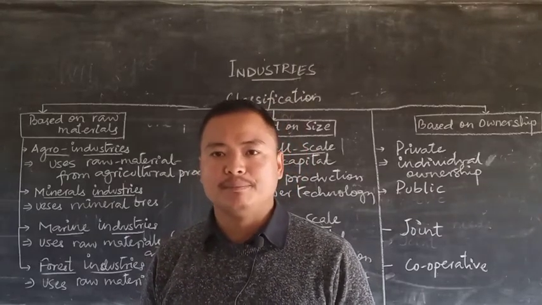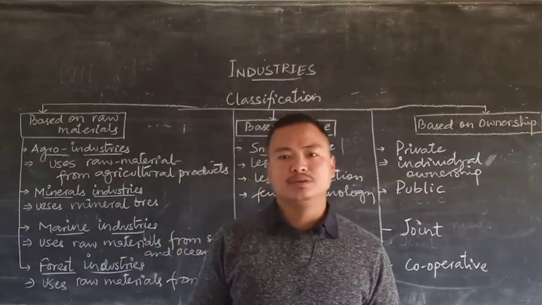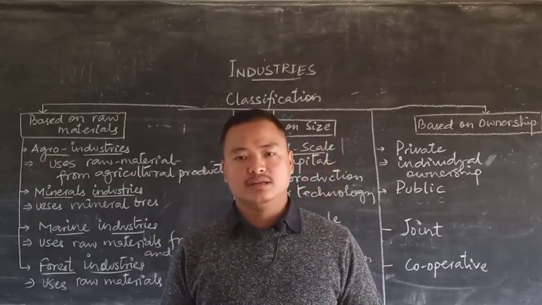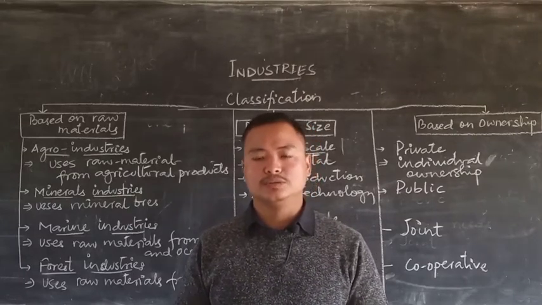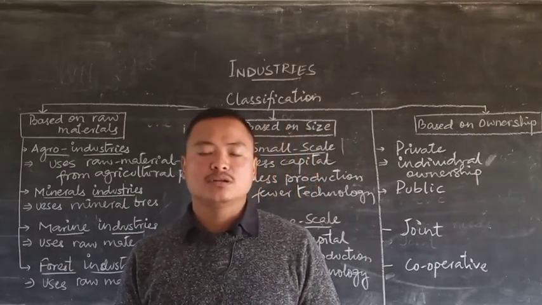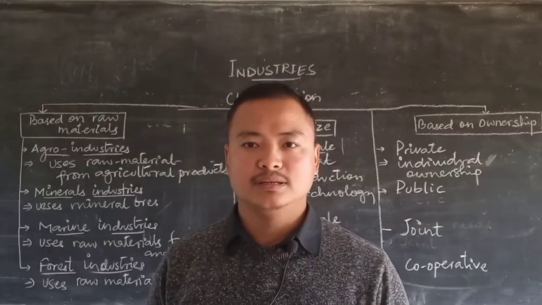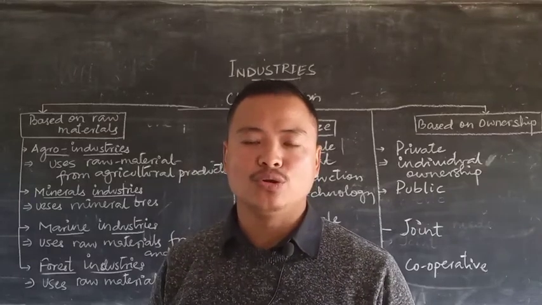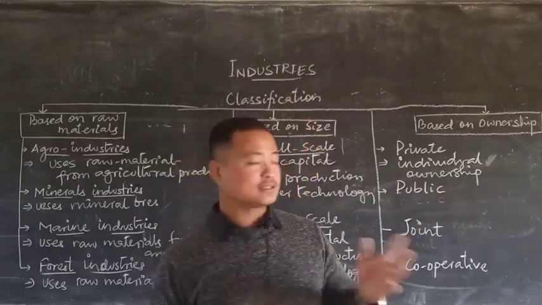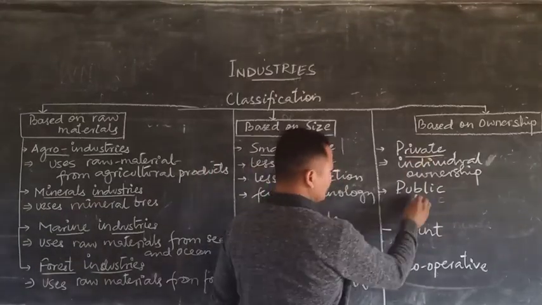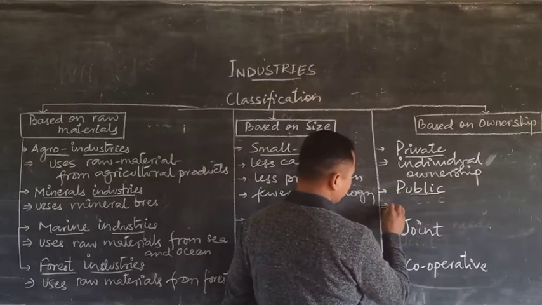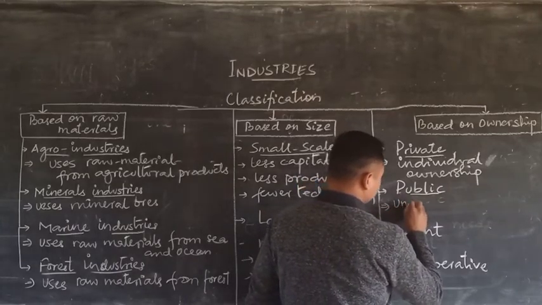So under that category, it comes as private industries. Sometimes it may also happen that it may not be one single person owning that industry. It may be a group of two or three, but it is not related to the government, and they are the sole owner of such industries, and this is categorized as private industry. Under the head public industries, we find industries under the government.